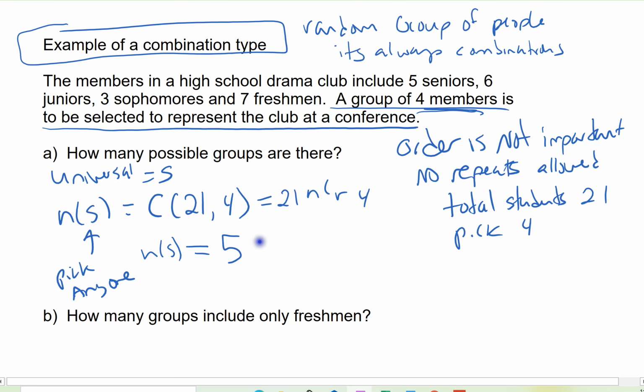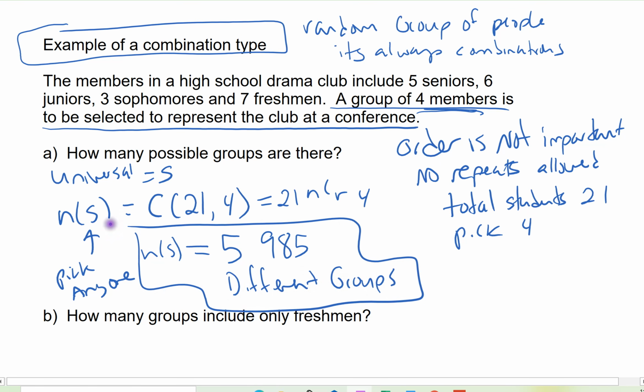There's almost 6,000. There's 5,985 different groups. Alright, so that's the total. There are total 5,985 different groups of 4 if I'm selecting out of 21 people.